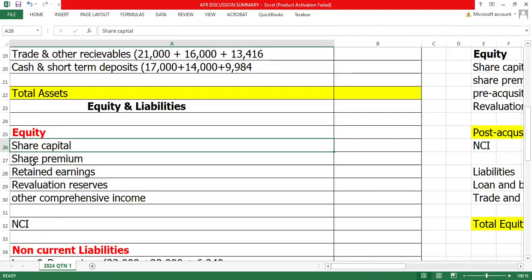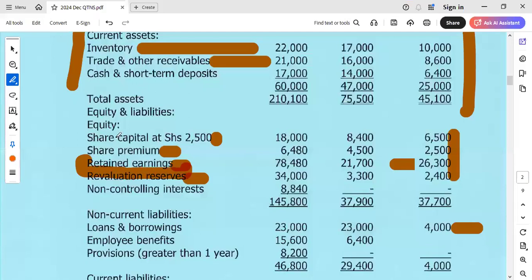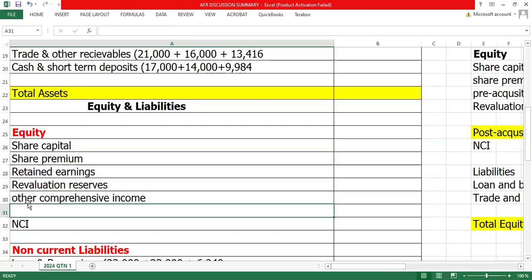So all these ones, I followed the template. When you check equity, you have share capital, share premium, retained earning, revaluation reserve, NCI. All those ones are here. Just that I introduced this component, which can come based on the required part and the additional information.